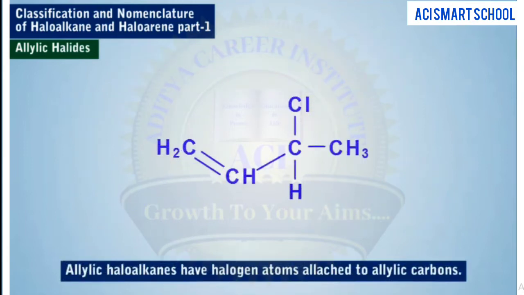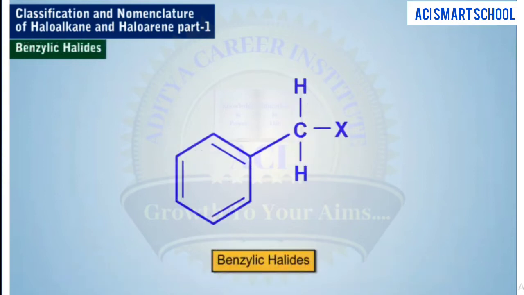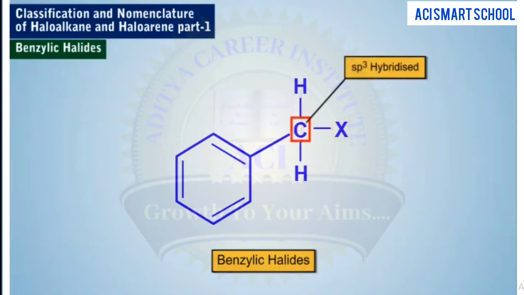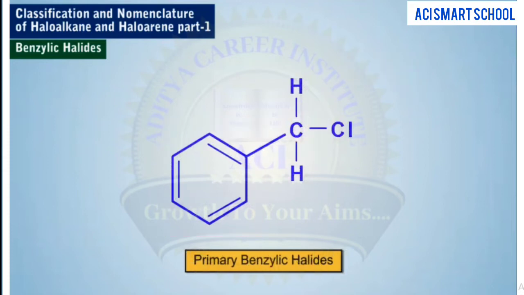Allylic haloalkanes have halogen atoms attached to allylic carbons. In benzylic halides, the halogen atom is bonded to a carbon atom with sp3 hybridization that is linked to an aromatic ring. In primary benzylic halides, the carbon attached to the halogen has only one carbon-carbon bond.